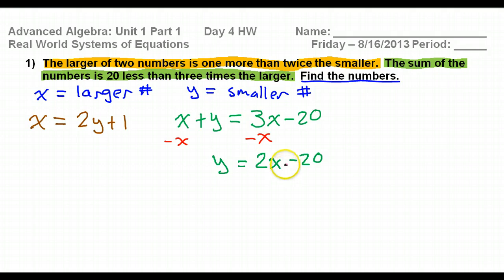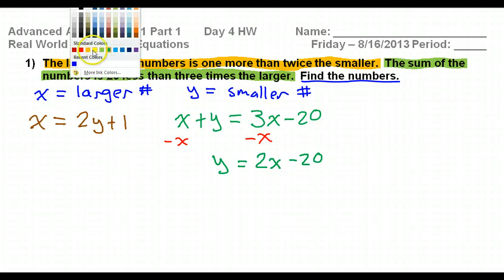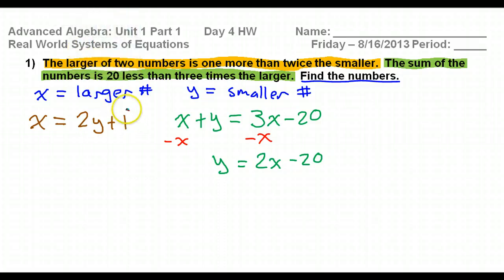Now, for the substitution, I could either take this x expression and plug it in here, or I could take this y expression and plug it in over there. It really doesn't matter. I think I'm going to take the x expression. I'm going to take this stuff and substitute it in for x.